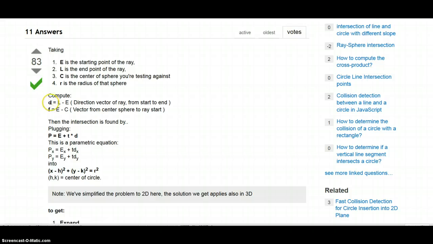D is formed by L minus E, meaning the end point of the ray minus the starting point of the ray, and F is calculated by E minus C, the starting point of the ray minus the center of the sphere. So D means the direction vector of the ray, and F is the vector between the center of the sphere and the start of the ray.